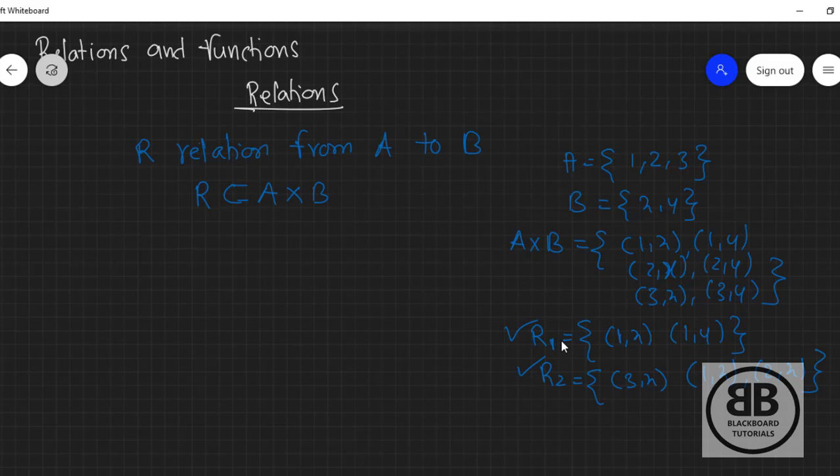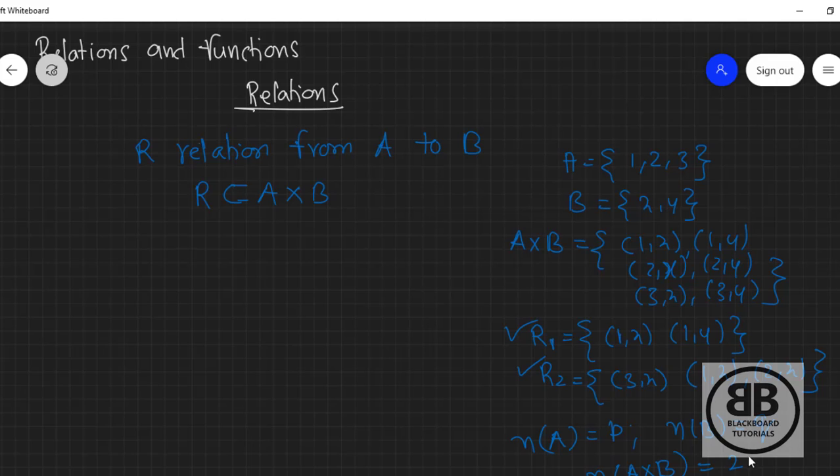So, what is that relation? A relation is a subset of our Cartesian product. There is a natural question: how many relations can I define from set A to B? The number of relations will be the number of subsets. So, if set A has P elements and set B has Q elements, what is the number of elements of A cross B?